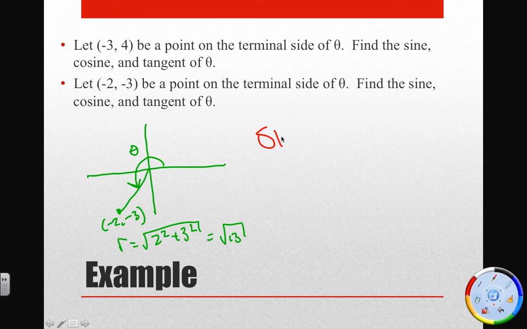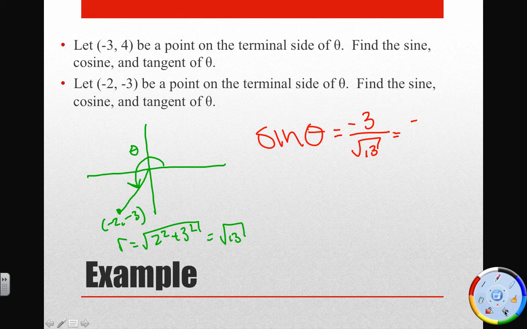We get the sine of theta is, as defined, y over r. So it's -3 over the square root of 13. And we always simplify this to -3 radical 13 over 13.